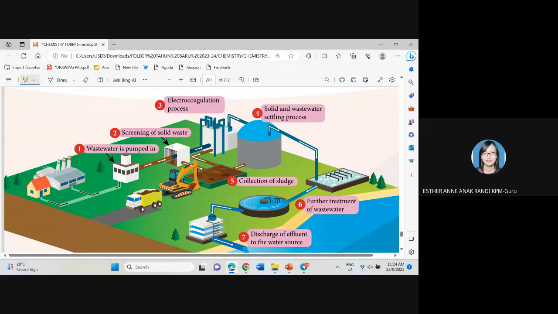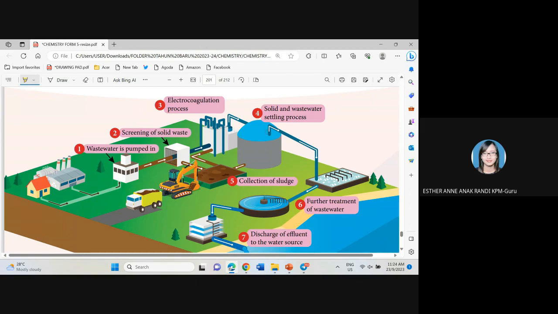They will screen the solid waste. Okay, dekat sini dia akan buang sampah-sampah yang masih ada. They will filter it. After that, they will undergo electrocoagulation process, meaning to say the sampah will coagulate. Sampah-sampah tu yang masih dalam air, yang tak lalu tapisan tadi, dia akan coagulate, bergumpal.